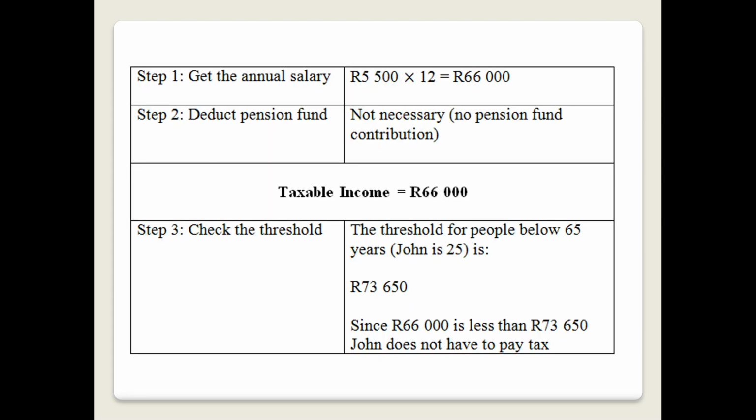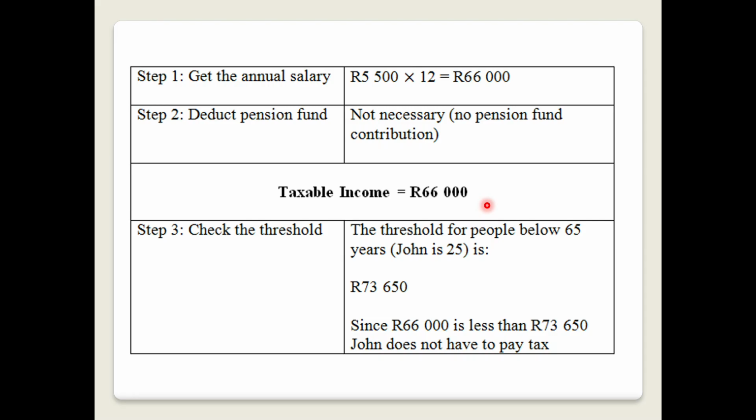So step 1 will then be to get the annual salary, because they only gave us the monthly salary. So we take the 5,500 Rand and we multiply it by 12, and we get 66,000 Rand per annum, in other words, for the year. Deduct pension fund, not necessary, because no pension fund contribution. So then this is the taxable income.